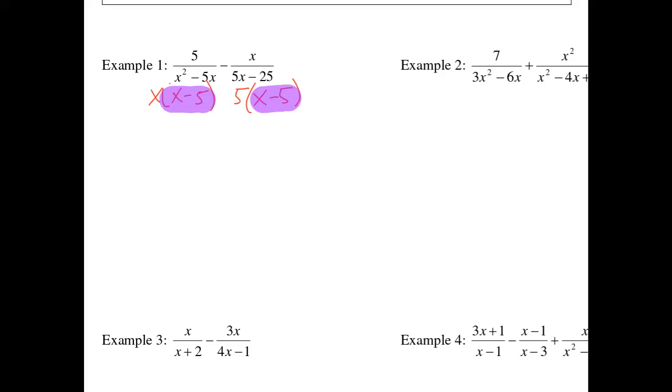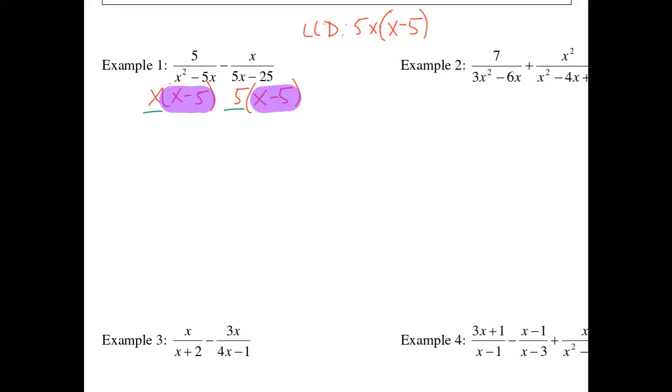So when we're writing our LCD here off to the side, not in highlighter though, the LCD is the highlighted factors times anything in addition to that. So note that over here we have an x and a 5 that didn't get highlighted, so those also have to be part of the least common denominator. So our LCD here is going to be 5x, the two things that were not highlighted, times x minus 5.